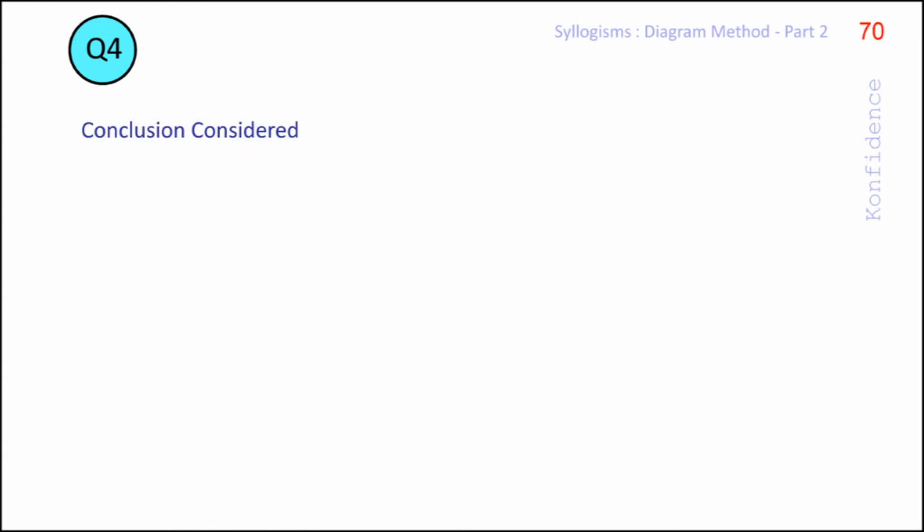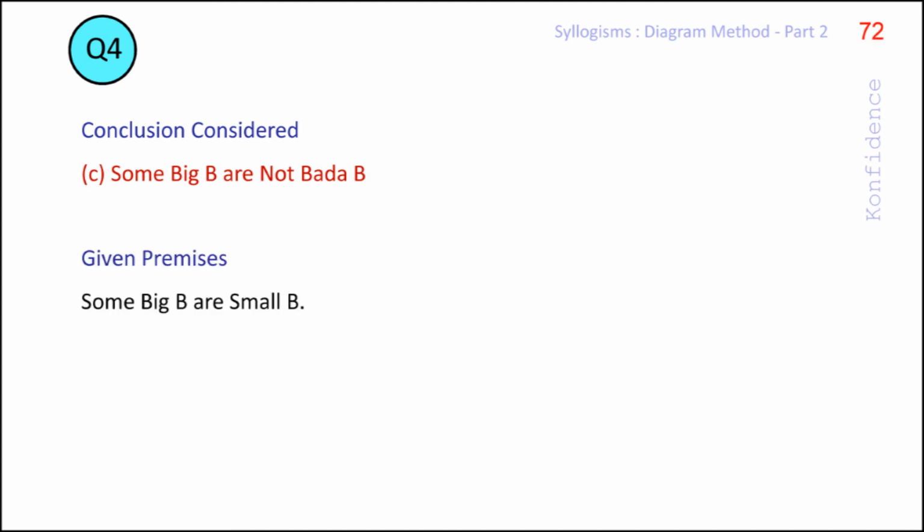What about conclusion C? Some big B are not Bada B. I should warn you that it may get a bit confusing in this slide. So listen carefully. As per the premises, big B and small b should have an overlap, however small, for sure, because some big B are small b.